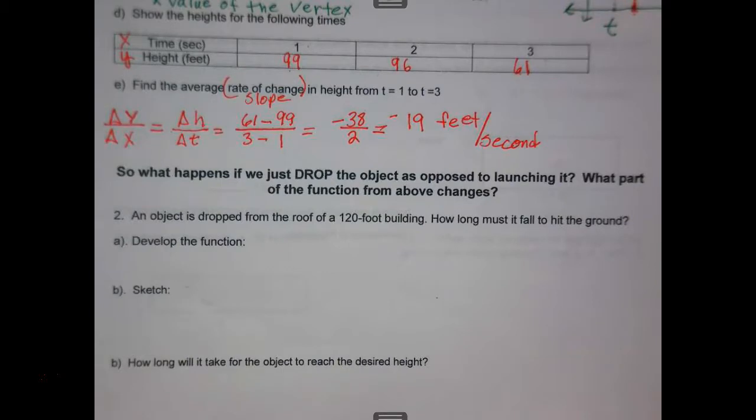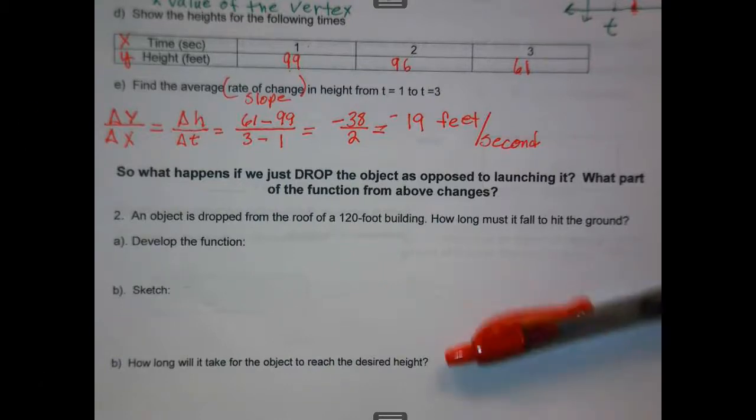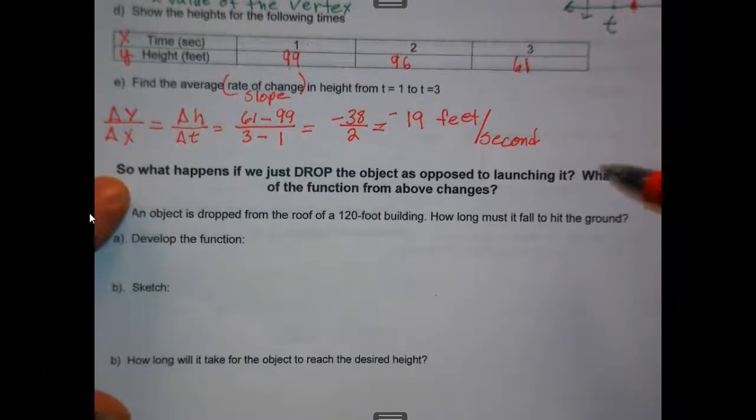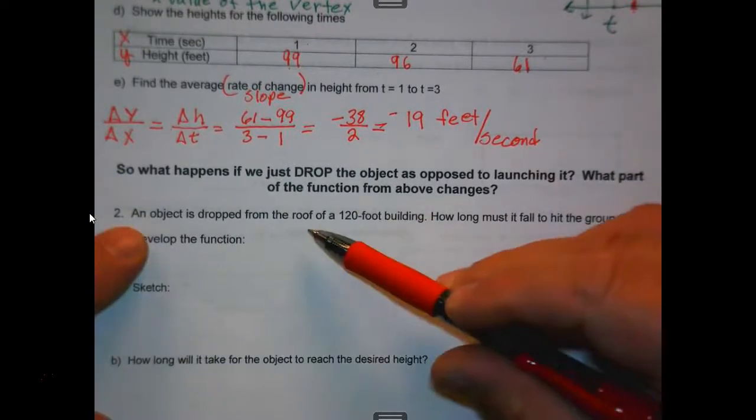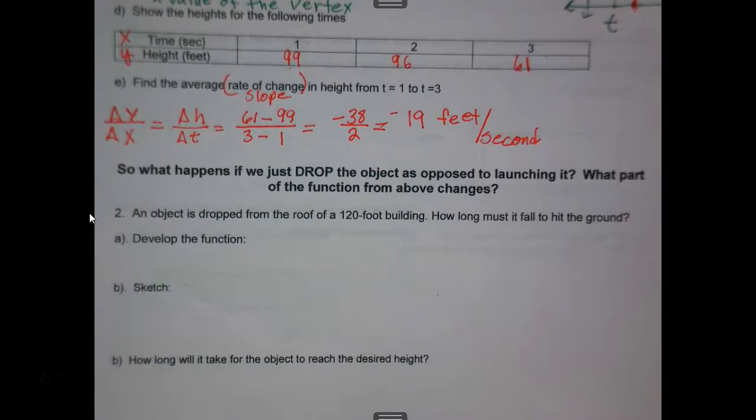Think of the difference between launching a rocket and dropping a pumpkin off the top of the building, right? The rocket's going to have an initial velocity because it's taken off. So dropping, like it says here, we're going to be dropping an object from a 120-foot building.